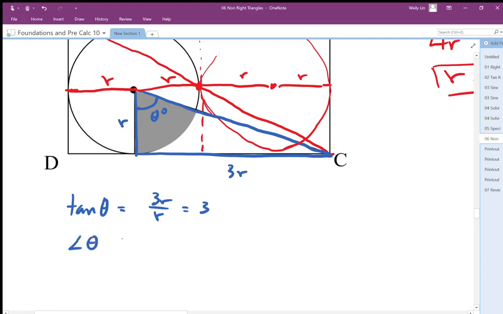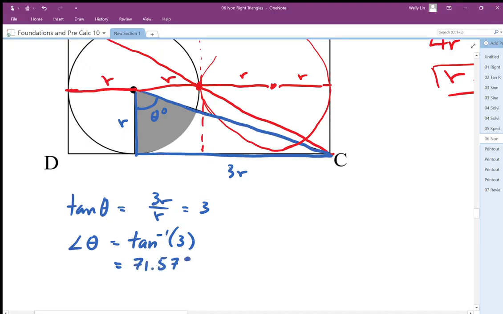So I need to undo this tan, so I need to use arctan to get my angle. My ratio is my input, my output is my angle. As I type this into my calculator, inverse tan of 3 gives me 71.565, so I'm going to round that to 71.57 degrees.